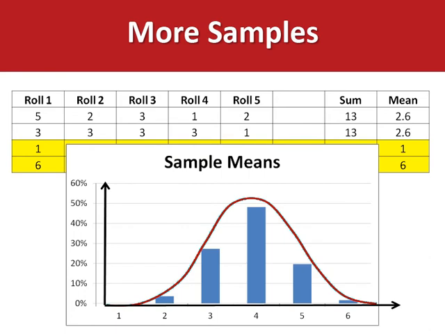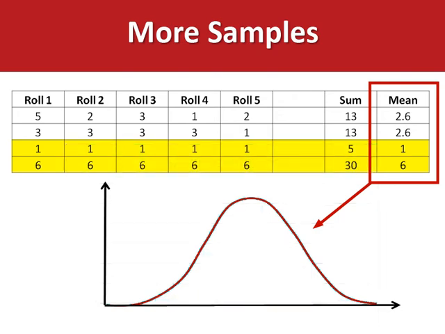It doesn't really matter because they're both related by a constant value, in this case the sample size. Here I plot the sample means of about 500 samples, and we see exactly what the central limit theorem tells us we should expect. The distribution of these sample means is relatively normal or bell-shaped. And this is even though the distribution of the underlying samples is not normal, but is known to be uniform, because each face of the die is equally likely.